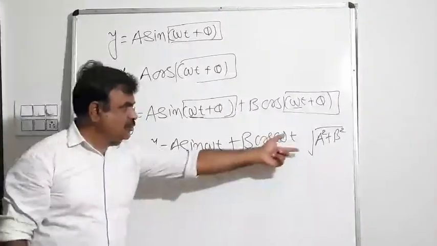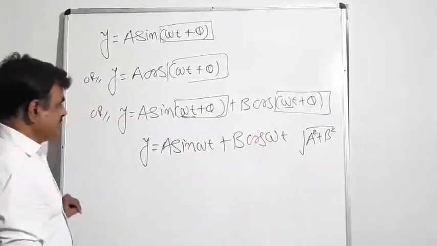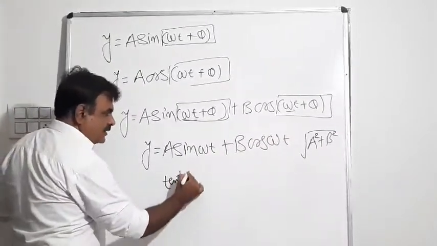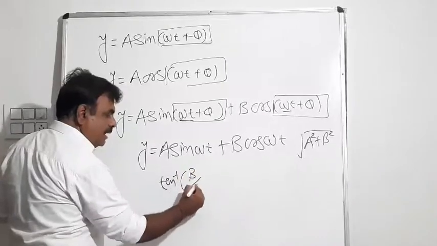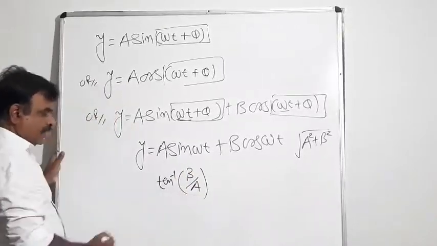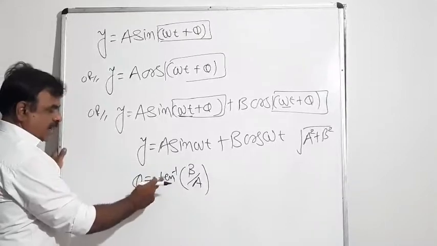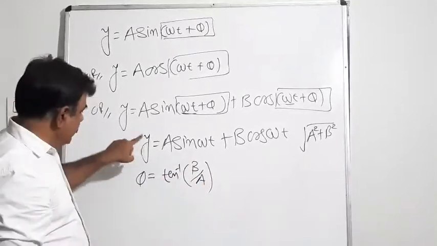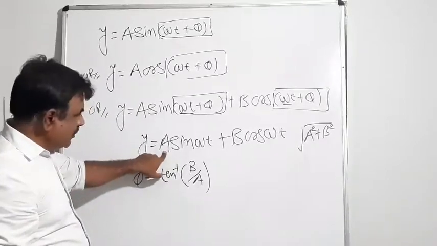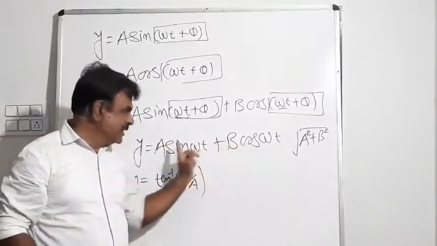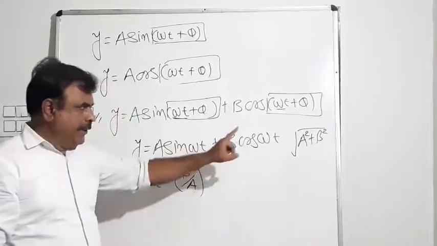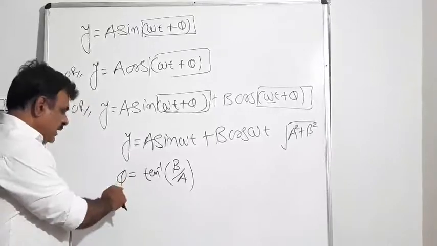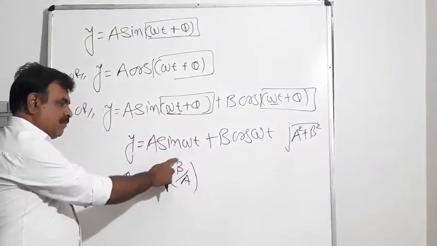Although it appears that there is no phi, initial phase is available, and it will be tan inverse of b by a. Again I repeat, whenever you have SHM as a combination of sine and cos in this form, amplitude is under root of a square plus b square, and initial phase phi is equal to tan inverse of b by a.